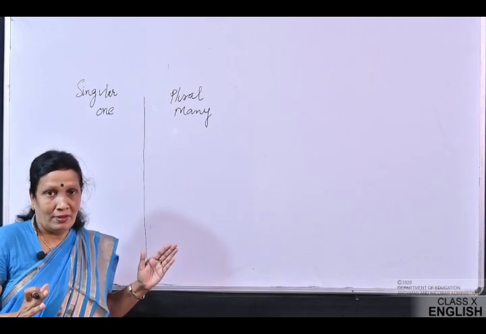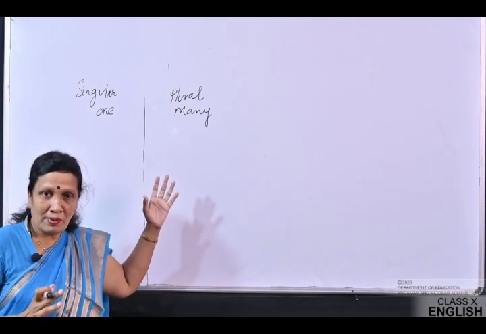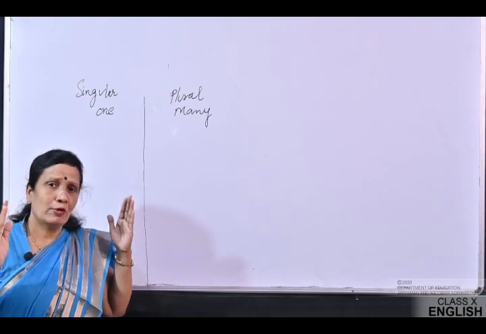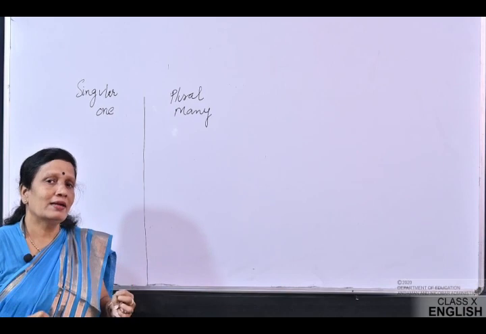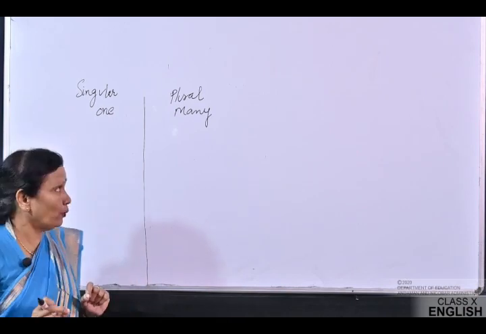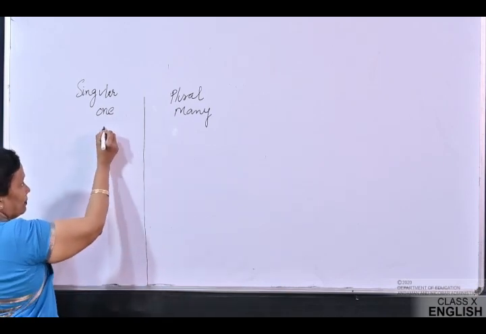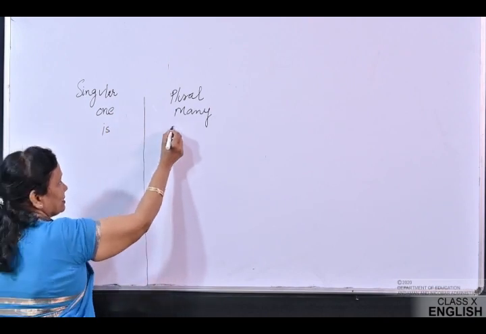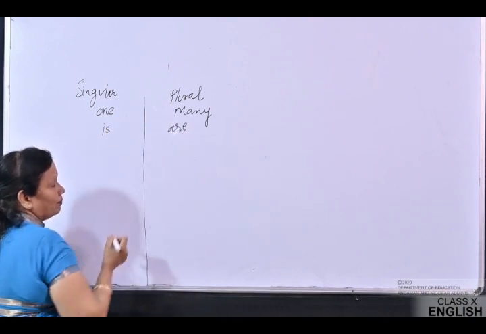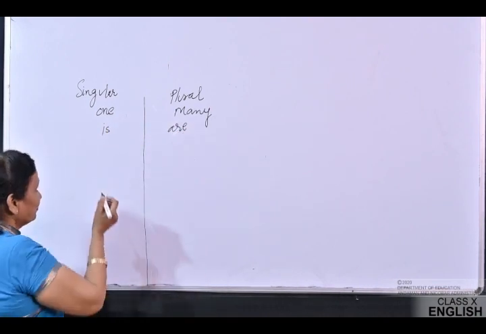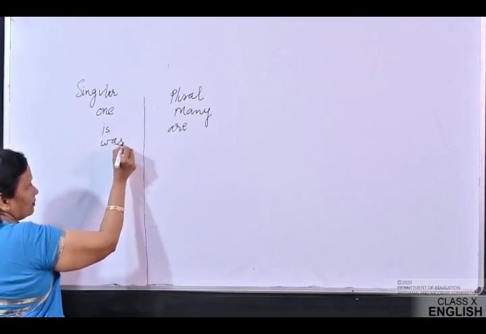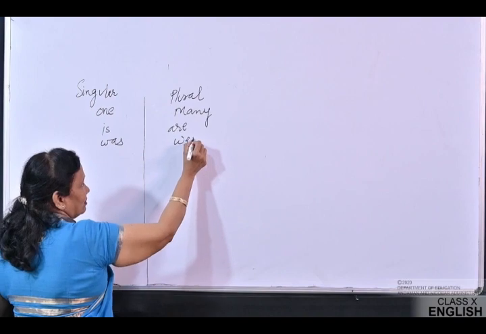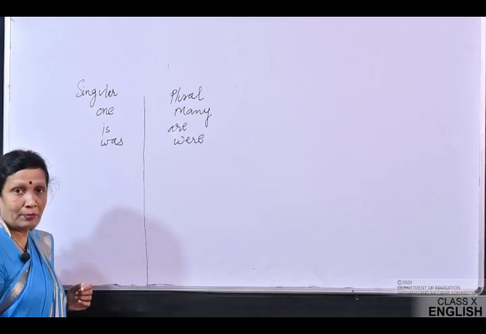Though this is very simple, I am repeating it for you so that things become very clear and easy for you. Now for one person we use is, and for many, are. For one person, was, and were for plural.